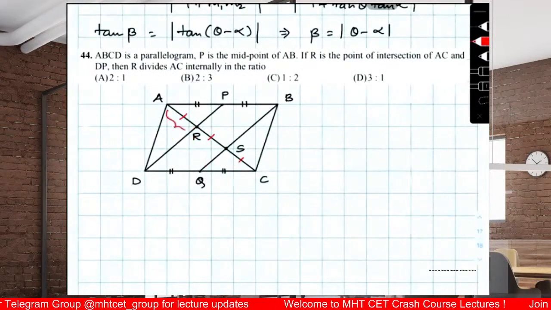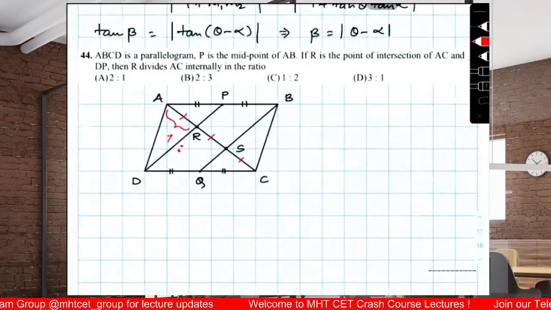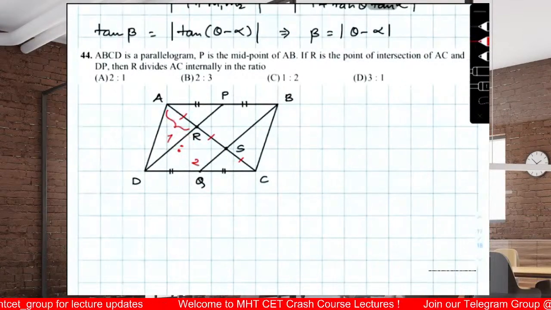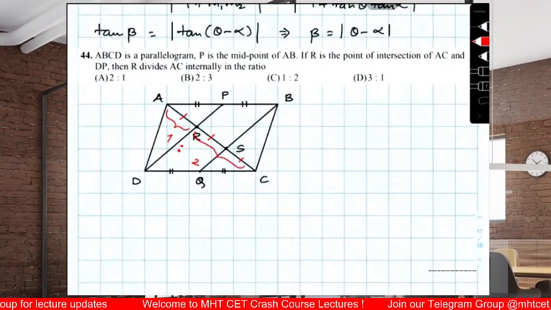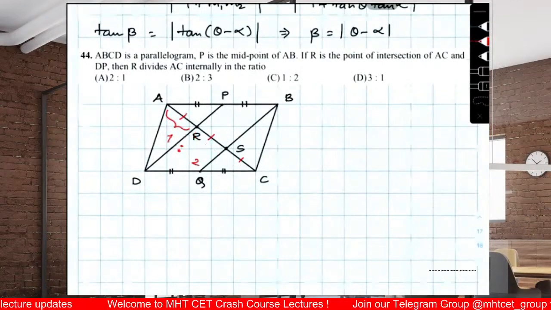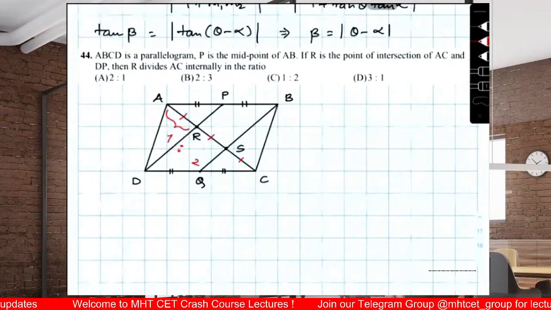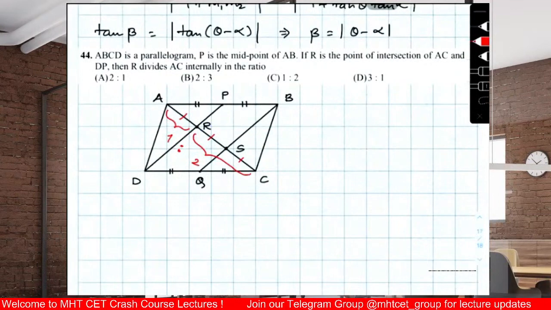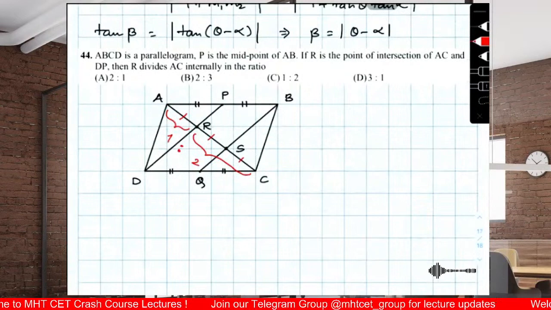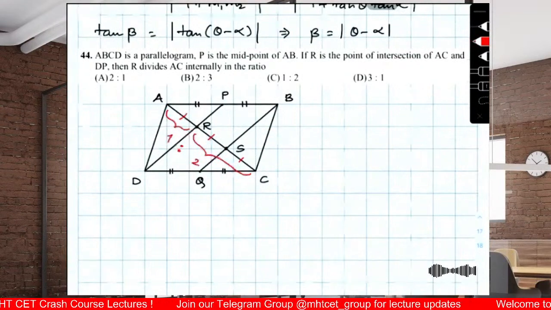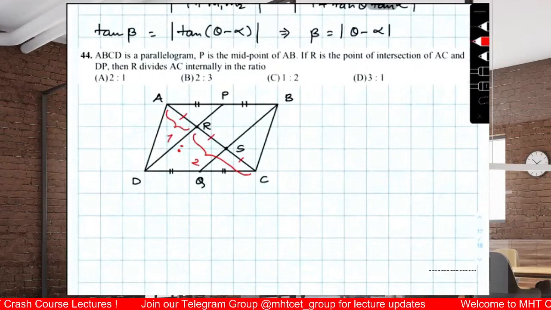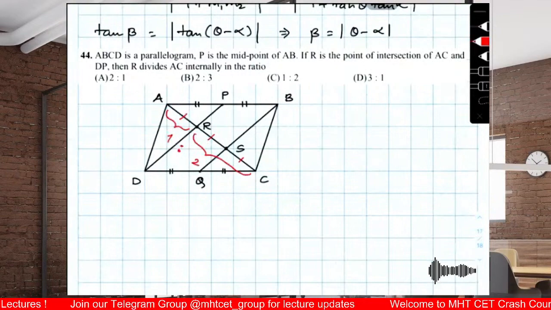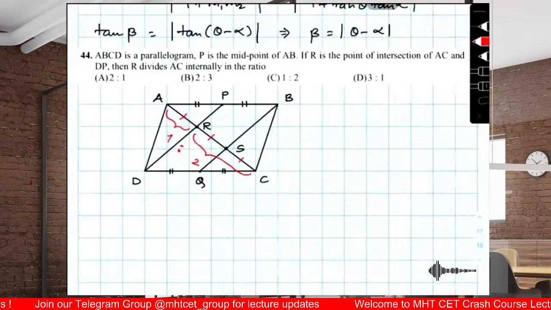Is this clear? अल्टरनेट मेथड ये हो गया बेसिक प्रोपोर्शनलिटी थ्योरम. आंसर इज AC ना. R divides AC 1:2.